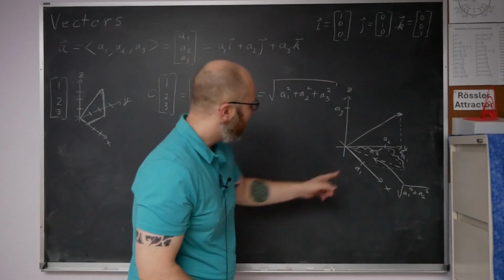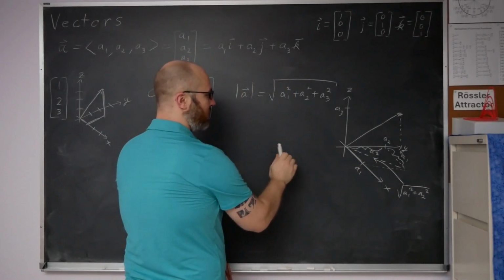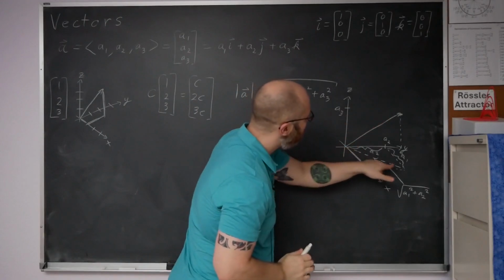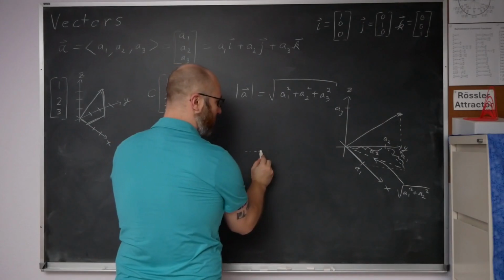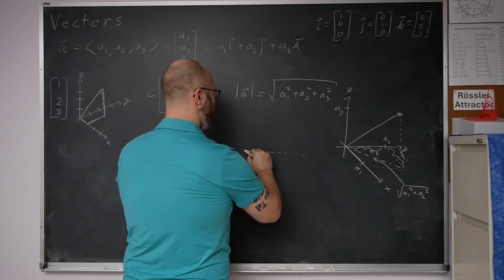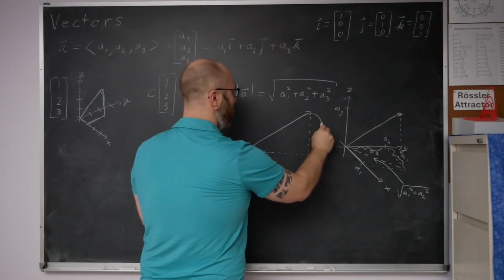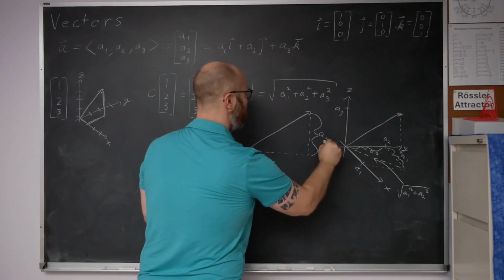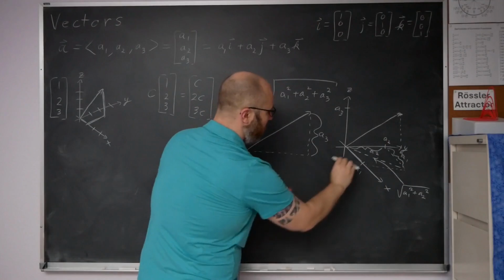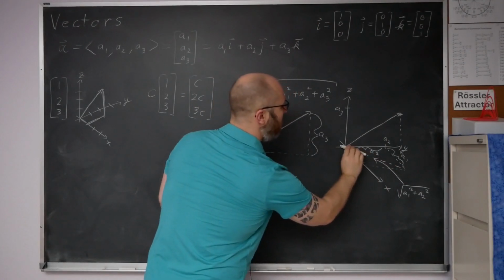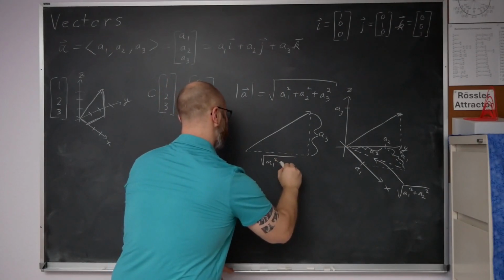So now I know the length of this one, and so now I have a different one. If I draw this just in this plane where this triangle exists, then I'll end up with my dashed line here. I've got my vector, and then I've got my other dashed line. This length is A3, this dashed line right here. And then this one right here is the square root of A1 squared plus A2 squared.